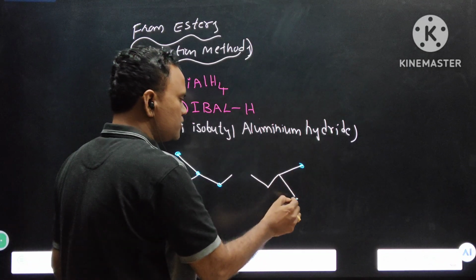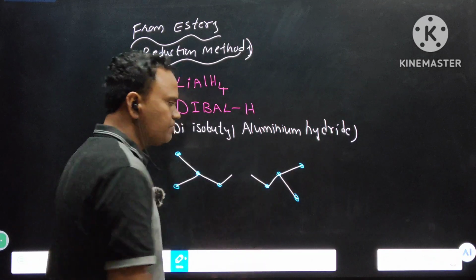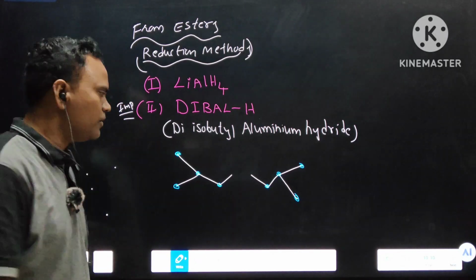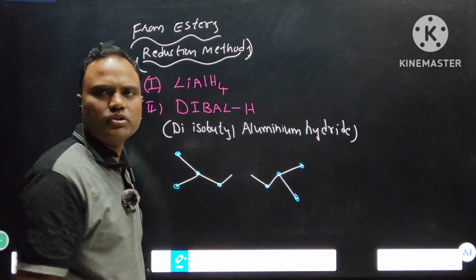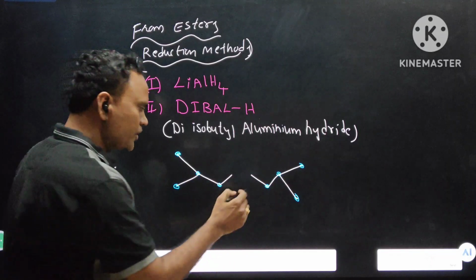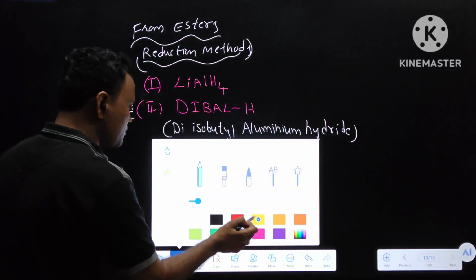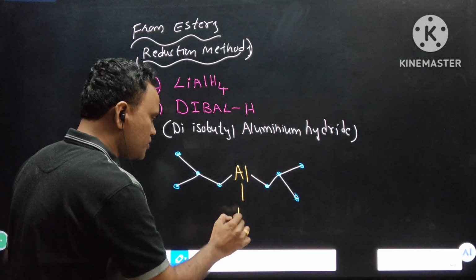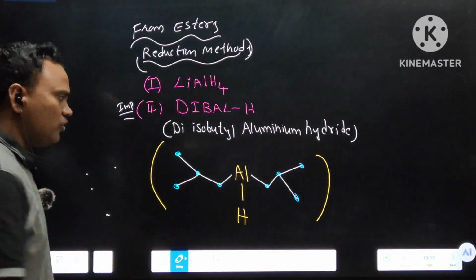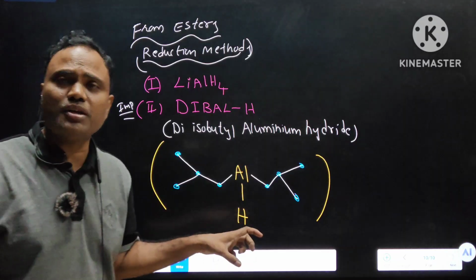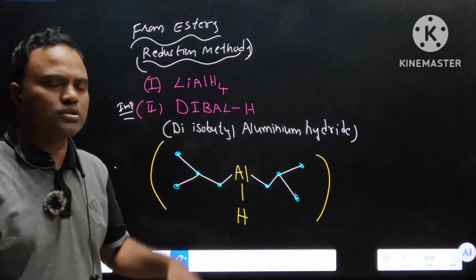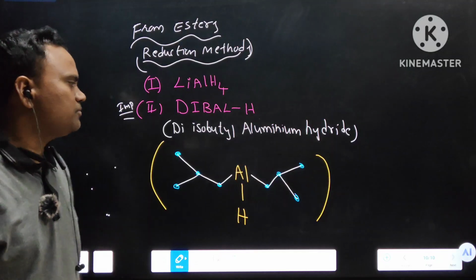Here also 1, 2, 3, 4. Isobutyl, 4 carbons are there, iso group is there. This is one isobutyl, this is one isobutyl. So diisobutyl. In the middle, aluminum is present. Aluminum hydride, H. Why am I giving the structure? Sometimes you will get the structure also. Clear?